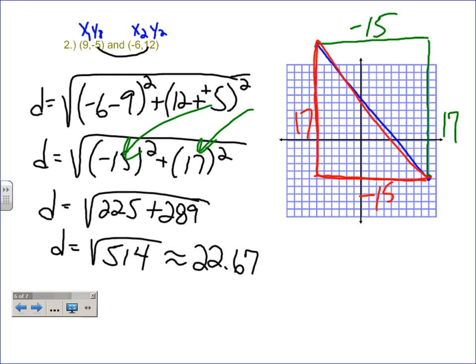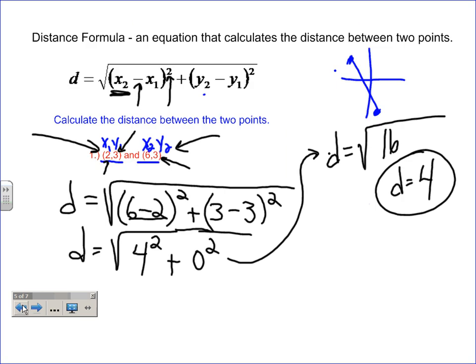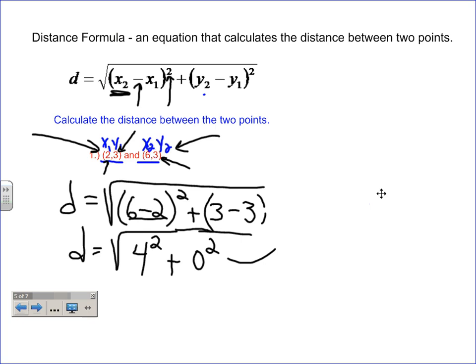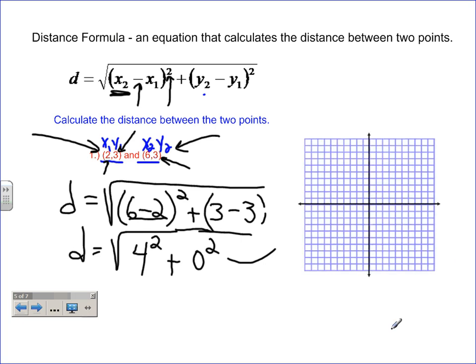Okay? It works. Now let me show you what some of you, maybe unwillingly, did on the last problem. You found the distance from there to there.